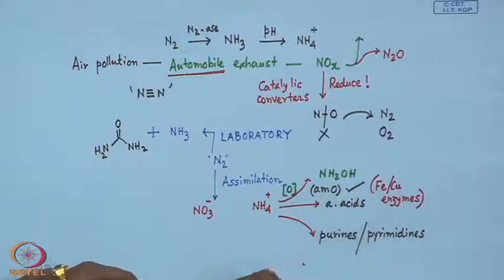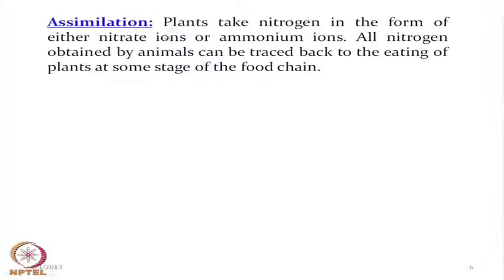So, these are some parts within the nitrogen cycle when we think of the assimilation of the dinitrogen molecule in the form of these two ions, the nitrate anion and the ammonium cation.